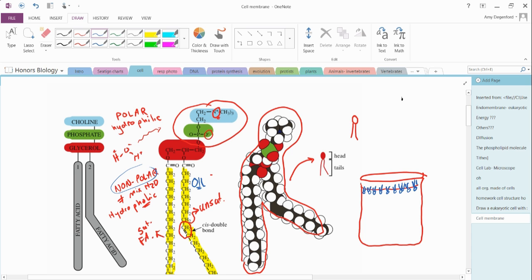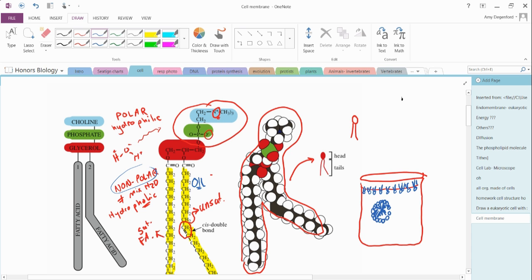Now, another possibility is that, like the oil droplets in the oil and water, you might think, oh, okay, well, maybe the phospholipids are going to form something similar where all of the nonpolar tails are facing in and then the polar heads are facing out.